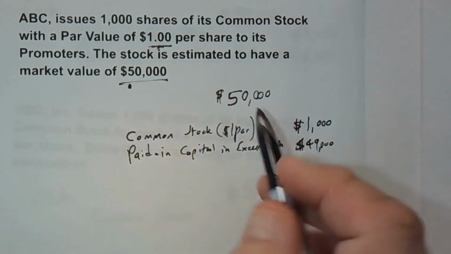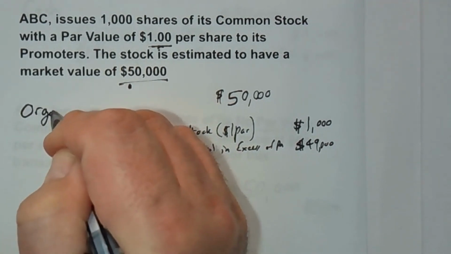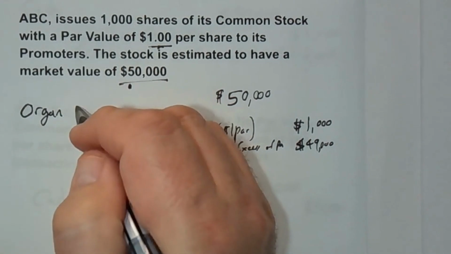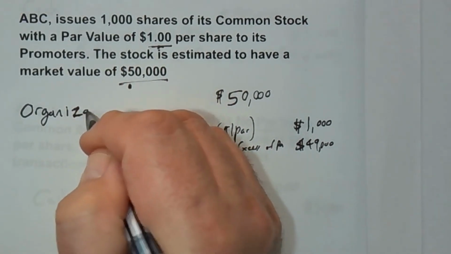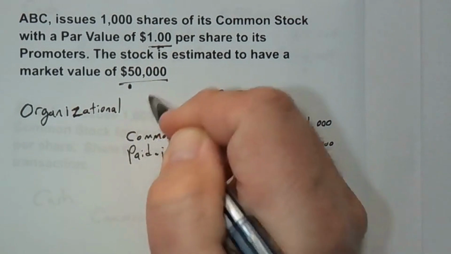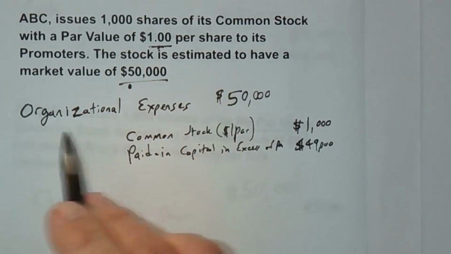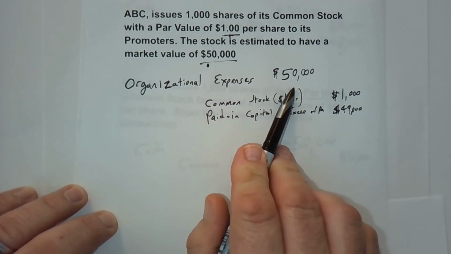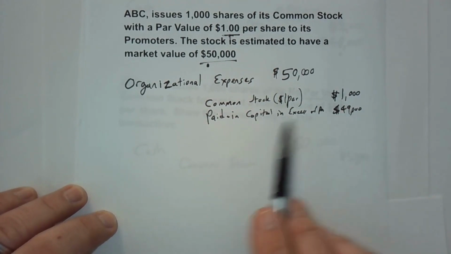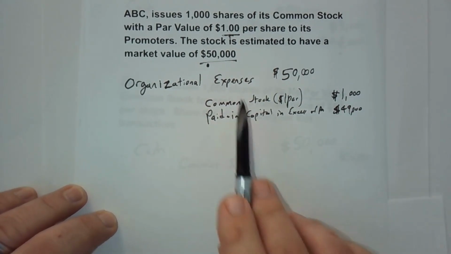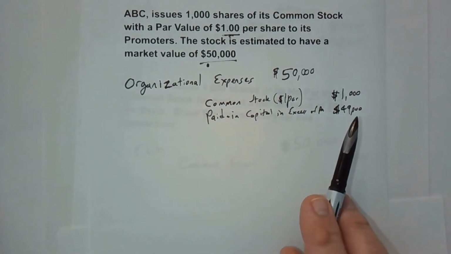So we're going to actually expense this $50,000 to organizational expenses. So we expense it up front. We're going to debit $50,000 to organizational expenses. We're going to credit common stock for the par value, and the remainder of the estimated value is going to go into paid in capital in excess of par.